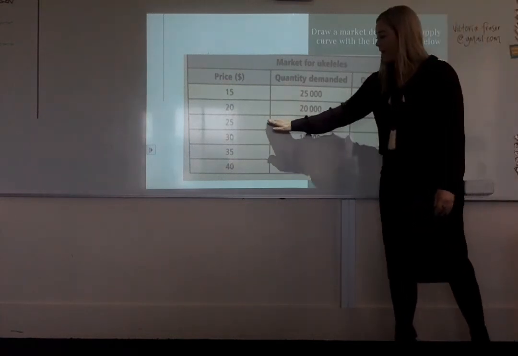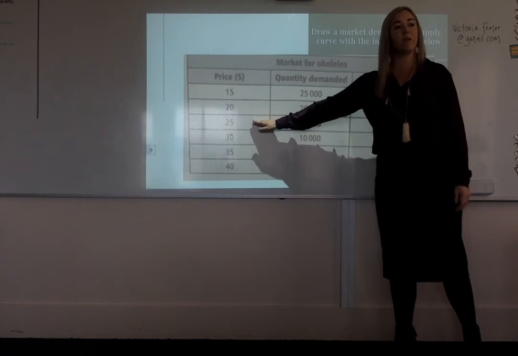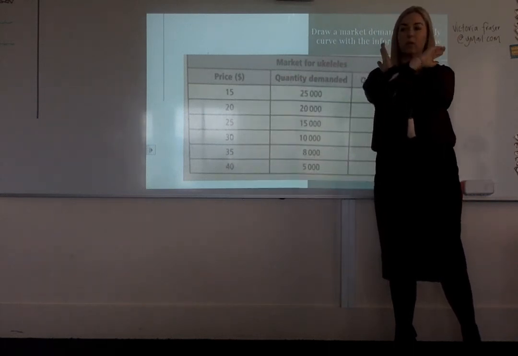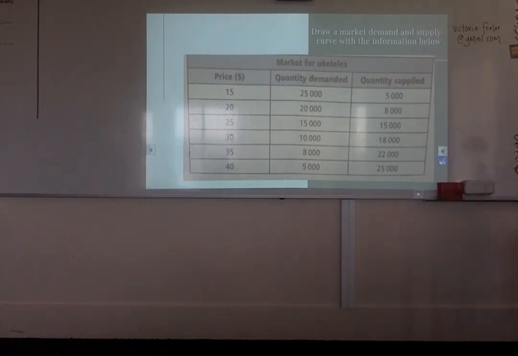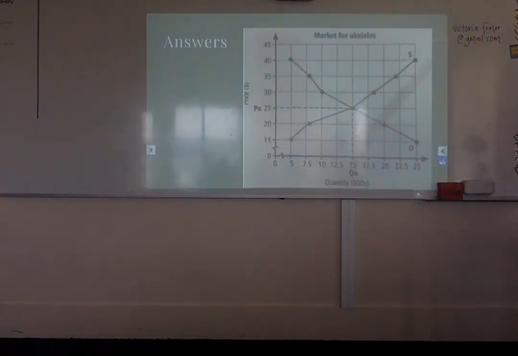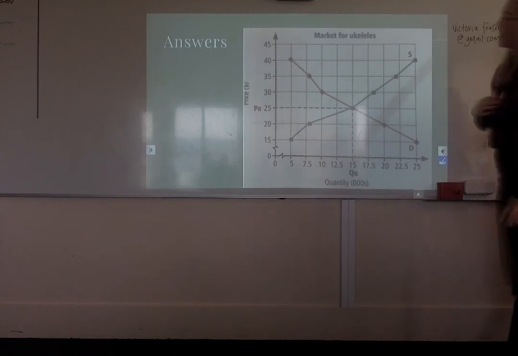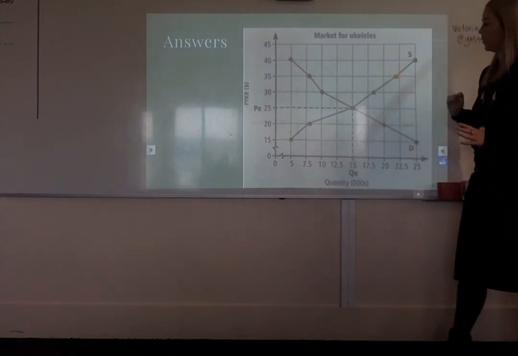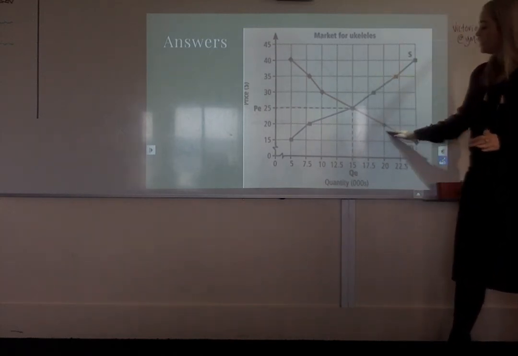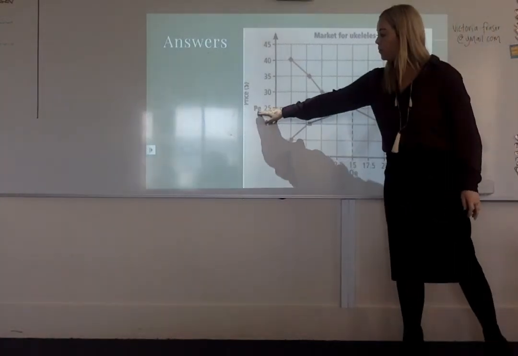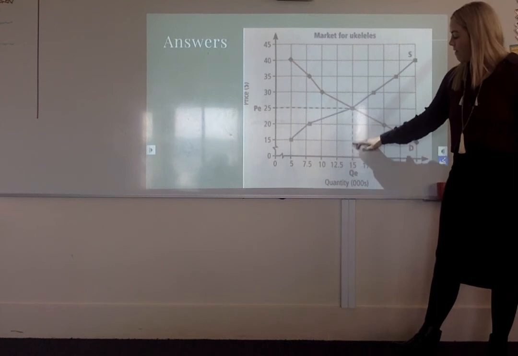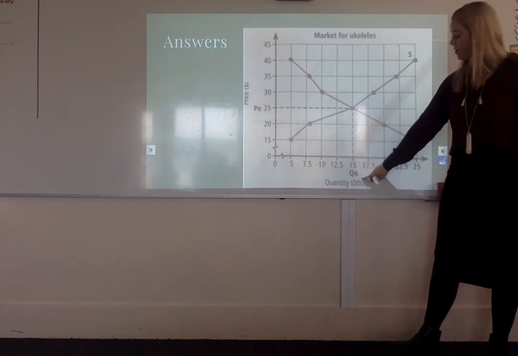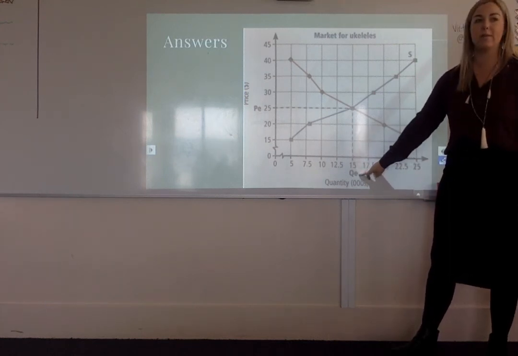So already we know that this is where the crossover between our two curves would take place. So if we were to take that data and put it into a graph, this is what it would look like. And as we can see, $25 was our equilibrium price. 15,000 was our equilibrium quantity.